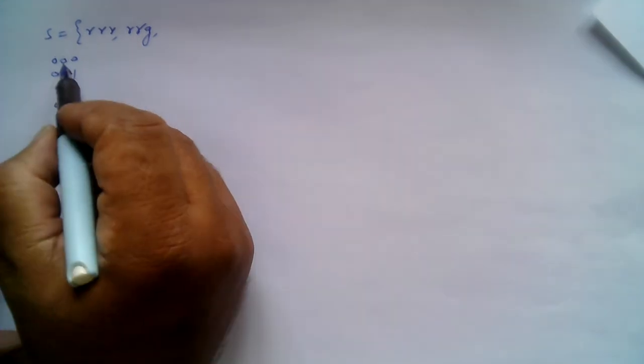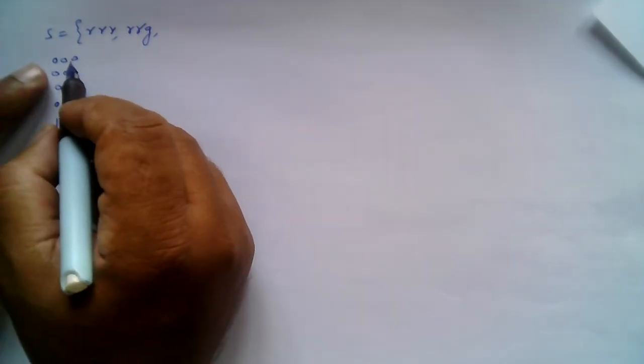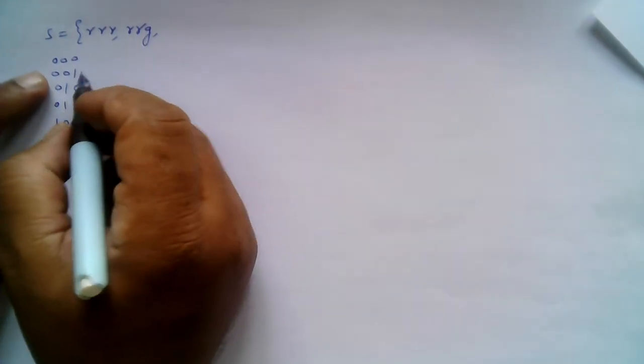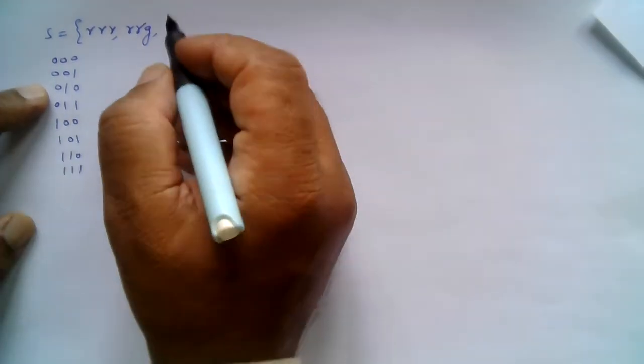So we can consider R as a 0, right, and G as a 1. So using this we can write down our sample space.